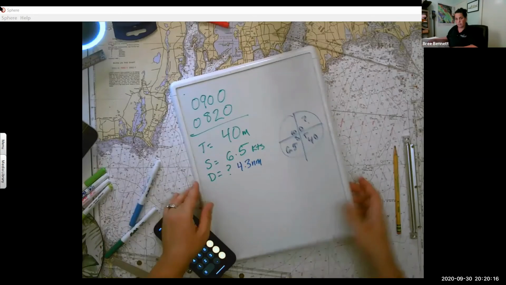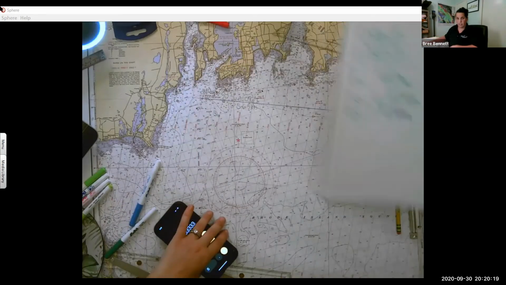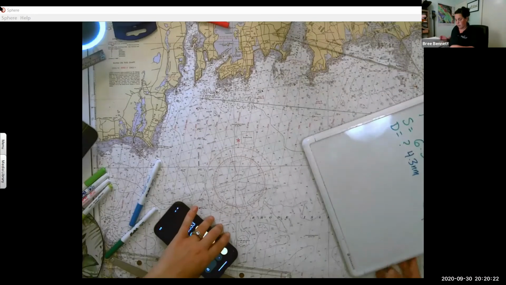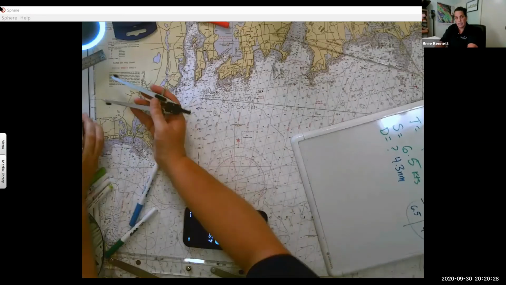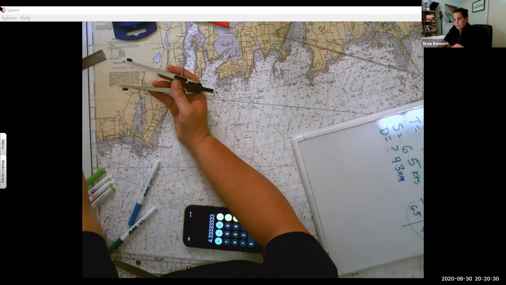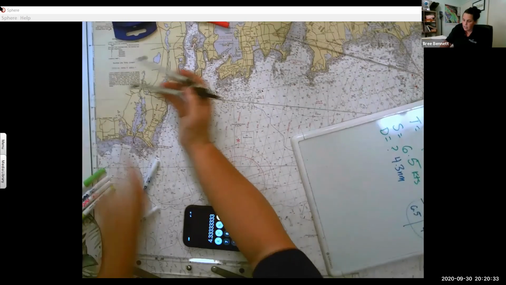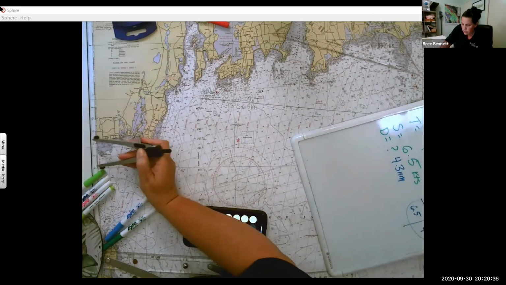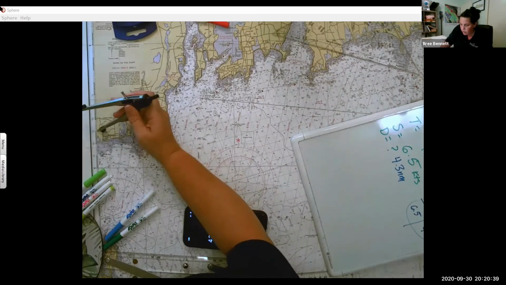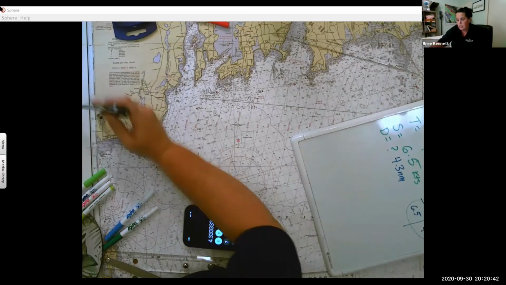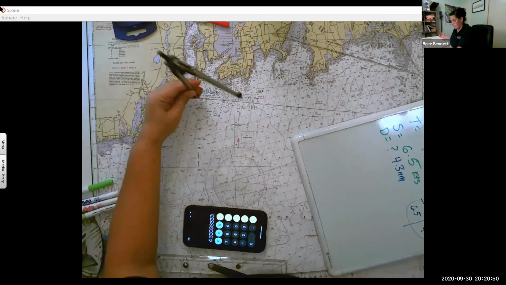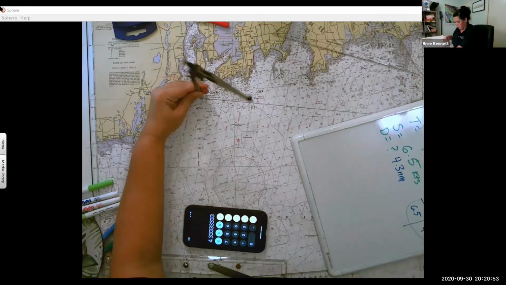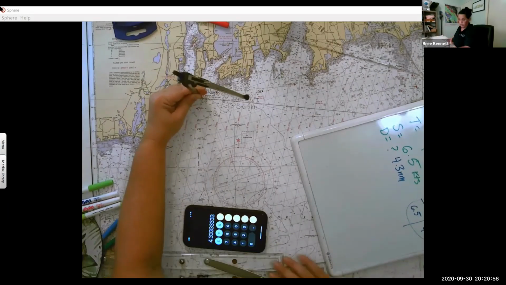So now, can we still see this? I don't know. Okay. 4.3, I'm going to find my dividers, and on my side here, I'm going to find 4.3. So I'm going to do 1, 2, 3, 4.3. So from Breton Reef, of course, I wrote my numbers right where I'm going.